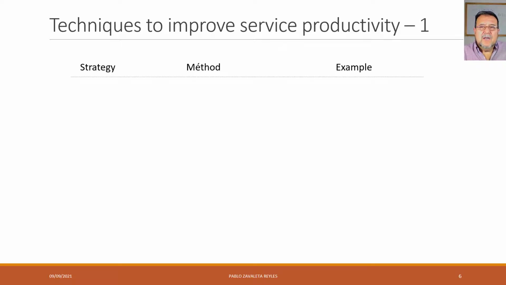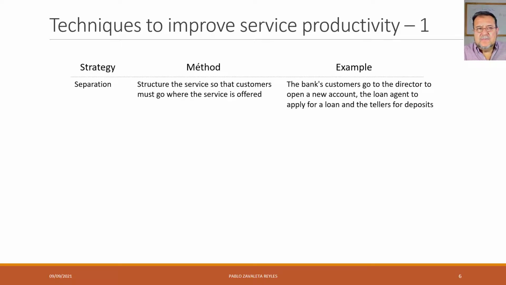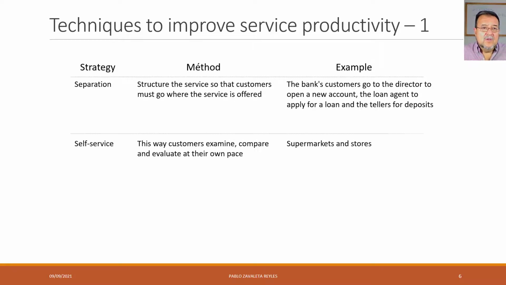First, we're talking about separation. We must structure the service so that customers must go where the service is offered. For example, in a bank, you go somewhere for opening an account, another for service, or another for deposits or withdrawals.